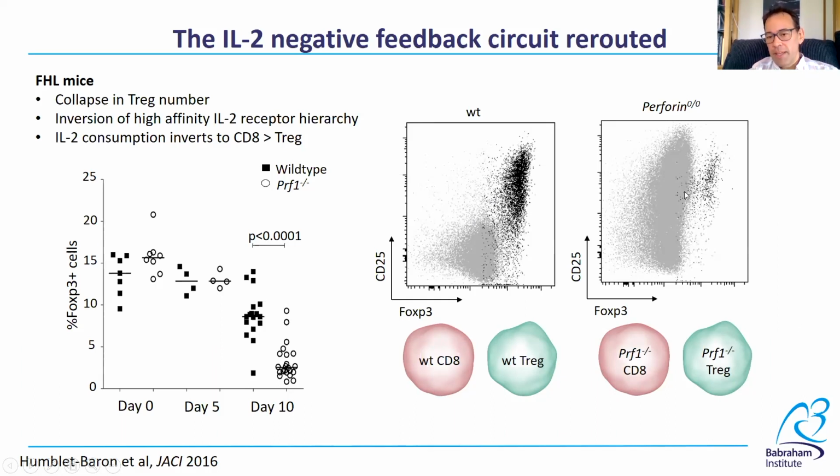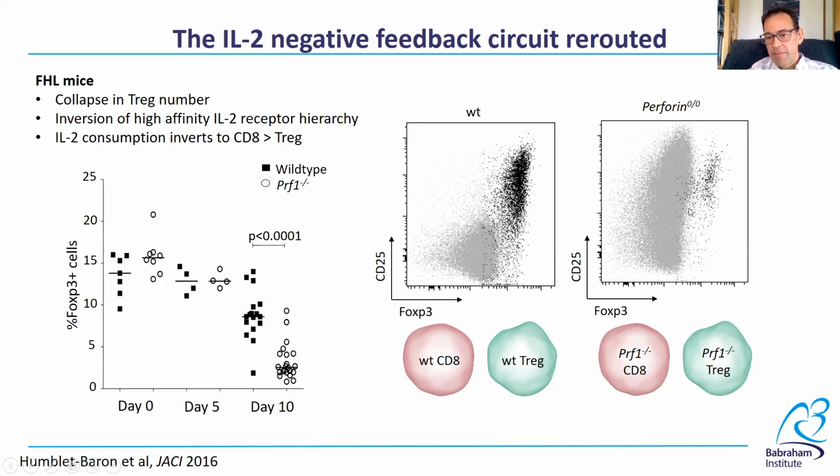If we look at a perforin knockout mouse, though, the story is completely changed. Regulatory T cell numbers, as I mentioned before, are very low. There's a slight dip in the CD25 expression on these regulatory T cells. But really, the thing that's off the charts is the expression of CD25 by the CD8 T cells.